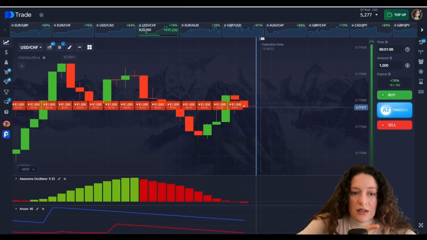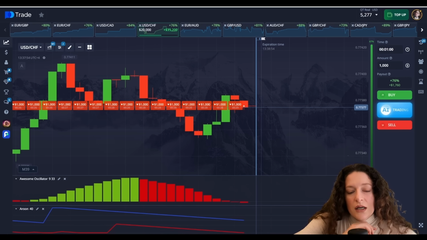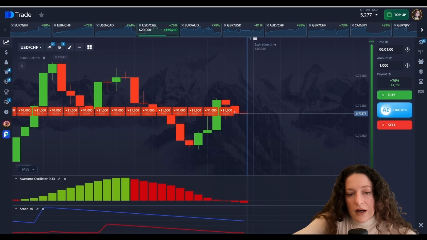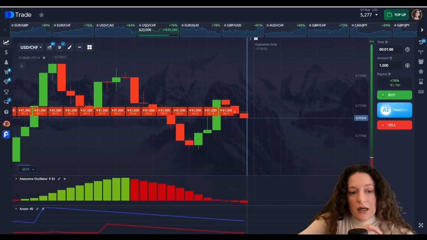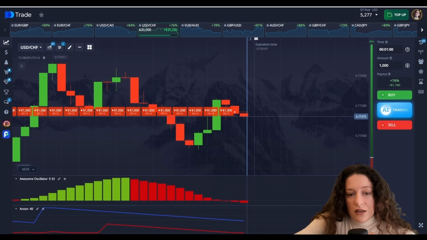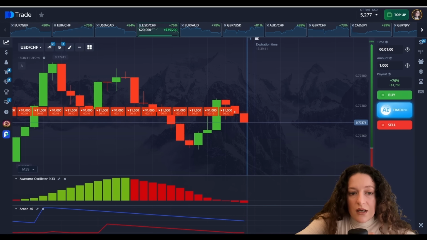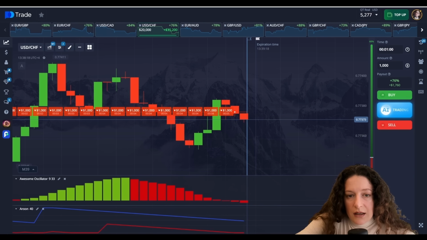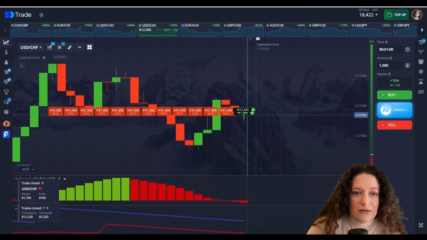This time, this direction is downward. As you probably already understood, one of the decisive factors is the crossing of the Aroon lines, and as you have already seen, when I opened the position, the Aroon lines did not cross each other, and this was a good 1 minute signal.